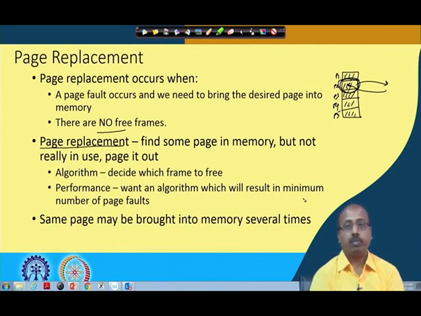If we are not very judicious about selecting the page that is going out of main memory, then very soon we will generate lots of page faults. There are several algorithms that we are going to discuss that are used for selecting the victim page, but whatever we do, our objective is to minimize the number of page faults. We will continue with the discussion on page replacement algorithms in the next class.